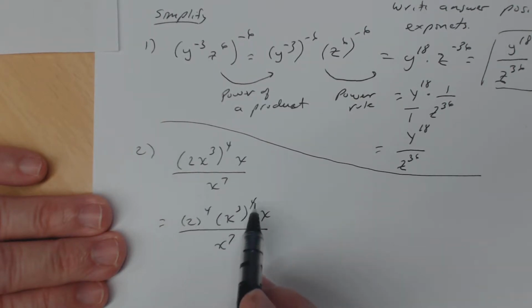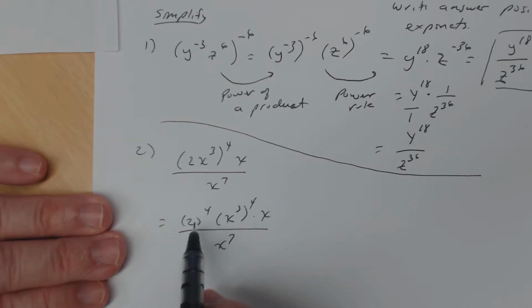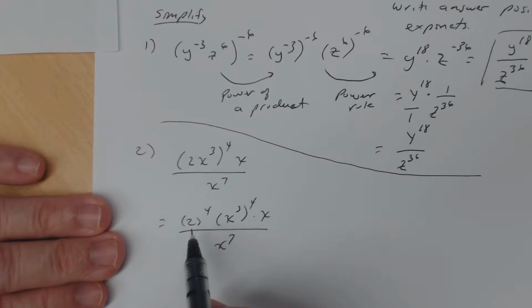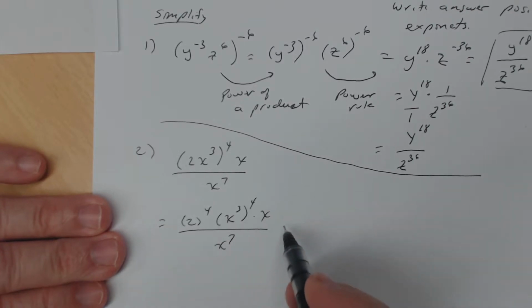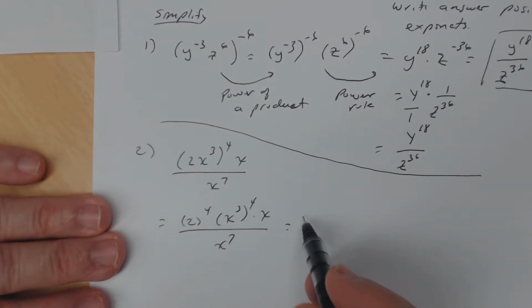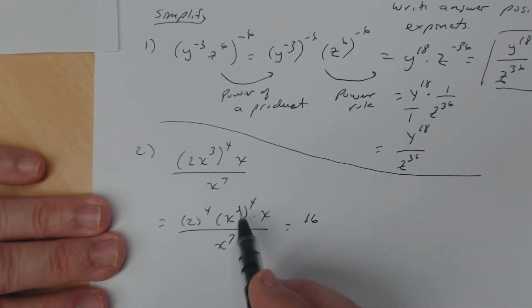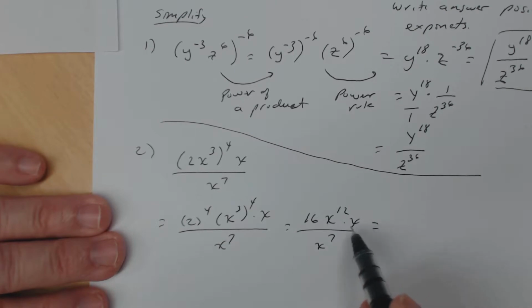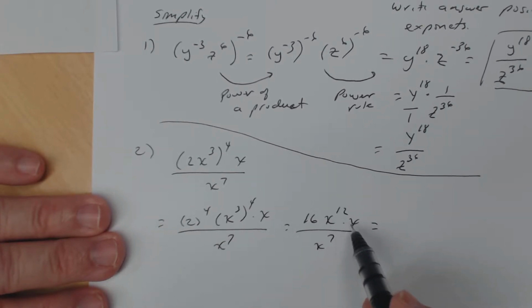Now I'm going to use the power rule, and here I'm just going to use the definition of 2 to the 4th. The definition of 2 to the 4th means 2 times 2 times 2 times 2, which is 2 times 2 is 4, 4 times 2 is 8, 8 times 2 is 16. And here, I'm going to use the power rule, so it'll be x to the 12th times x divided by x to the 7th.